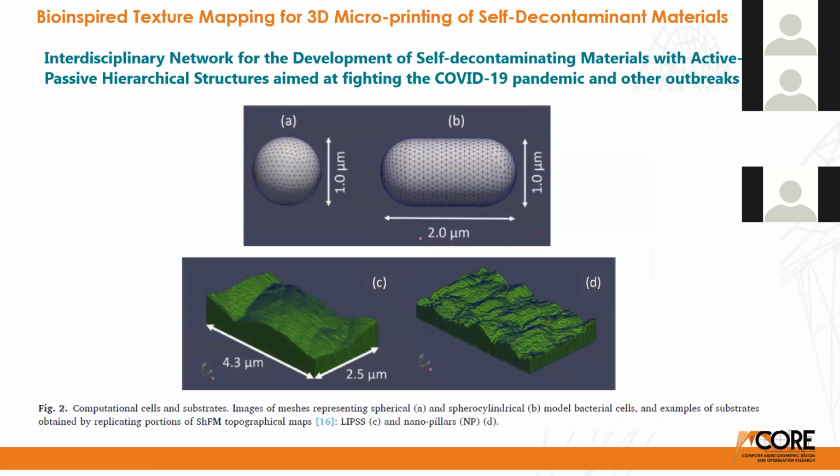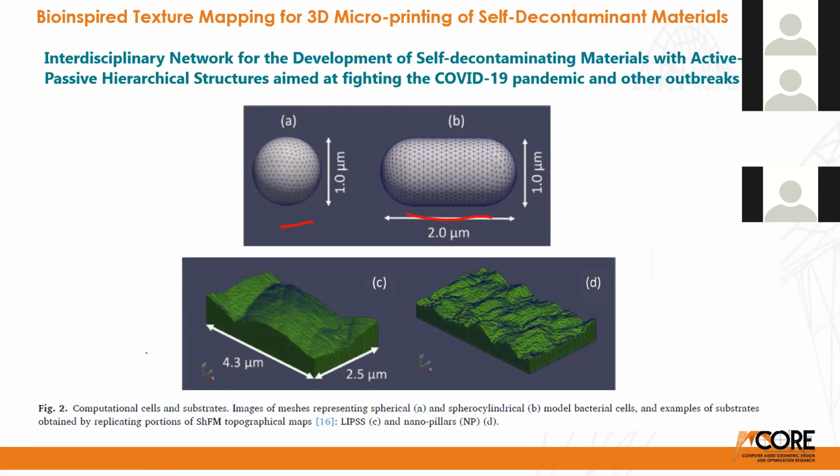Now there are some details in this paper that show how they model the bacteria. They model them as triangles, a lot of triangles. And they also show how to produce the interaction, the forces of interaction between bacteria and the surfaces, and how the force affects these triangles. They show in the paper how each vertex can move, and how the vertex will deform the form of the bacteria in two different types of bacteria.